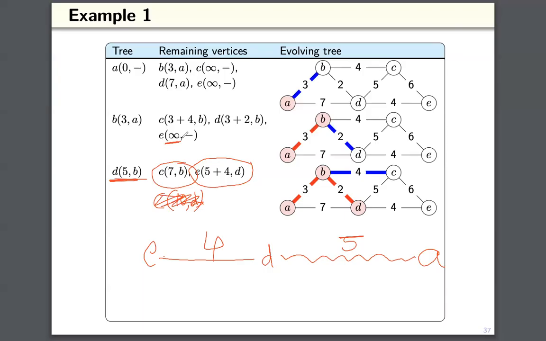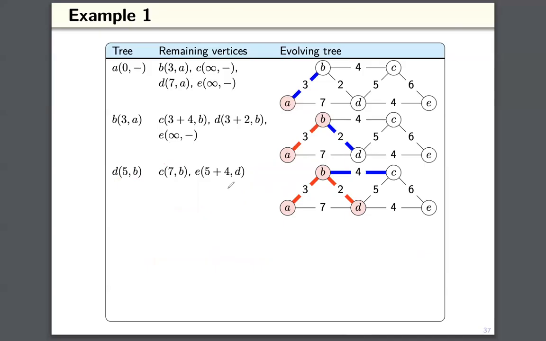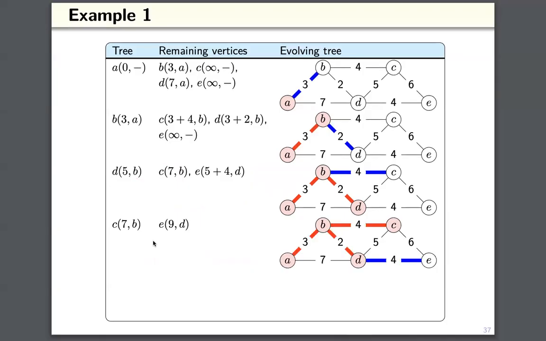So we compared E of infinity comma minus with E of 9, 4 plus 5, comma D, that was better than infinity, hence we considered this. Make sense? We always compare. If it is smaller, only then we will update. What is the smallest one here? 7 or 9? 7. So the next vertex that will be pulled in will be C, 7 comma B, and finally it will be E here.